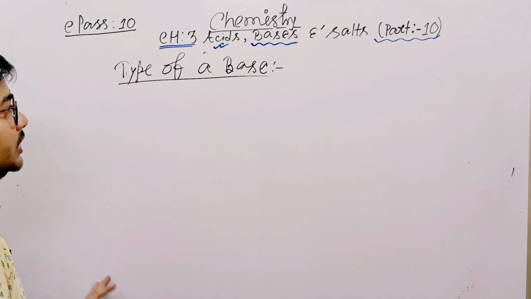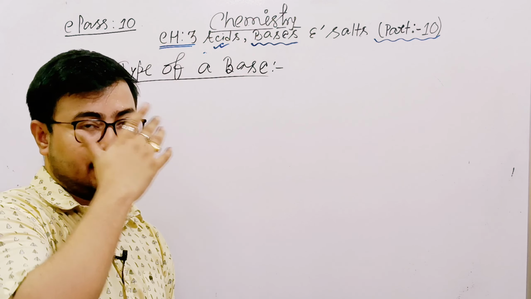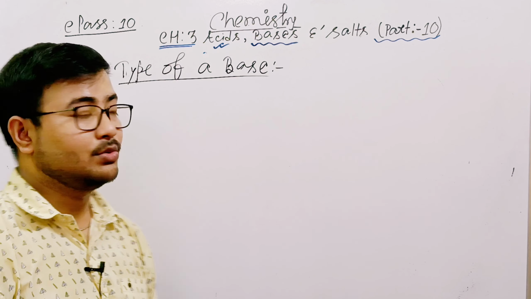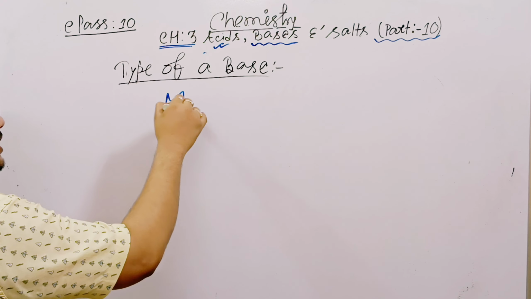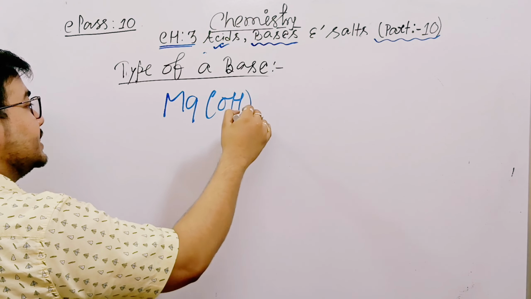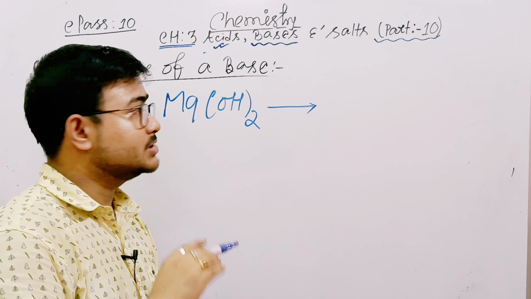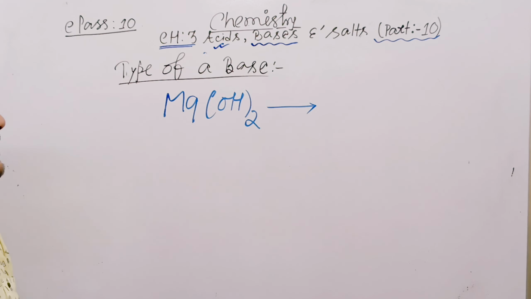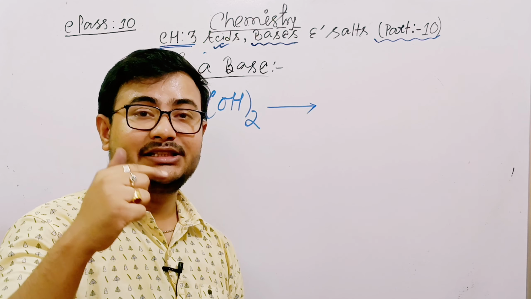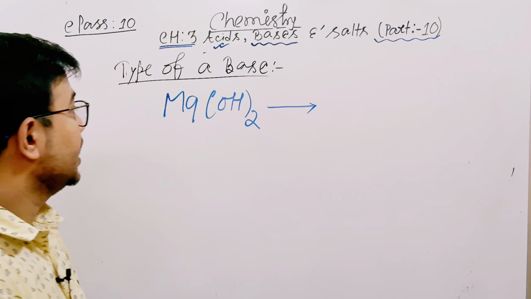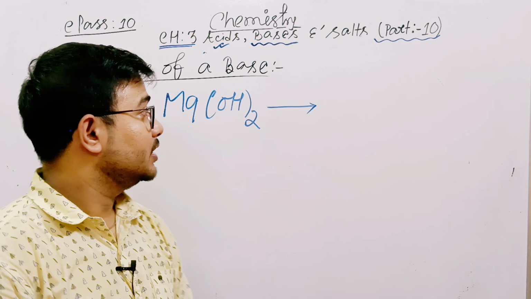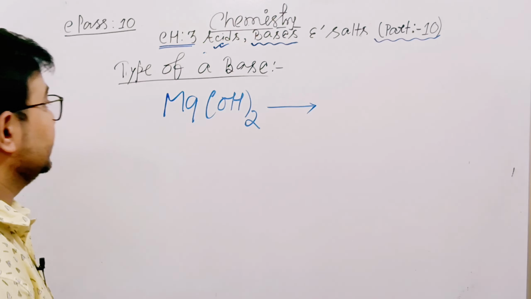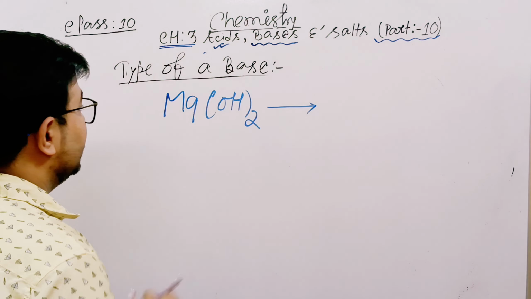Now, it is done. So my last question is, if it is insoluble, then what will happen? Suppose any base, suppose magnesium hydroxide. It is sparingly soluble, but consider it is insoluble. Then you have to check the number of removable OH minus ions.